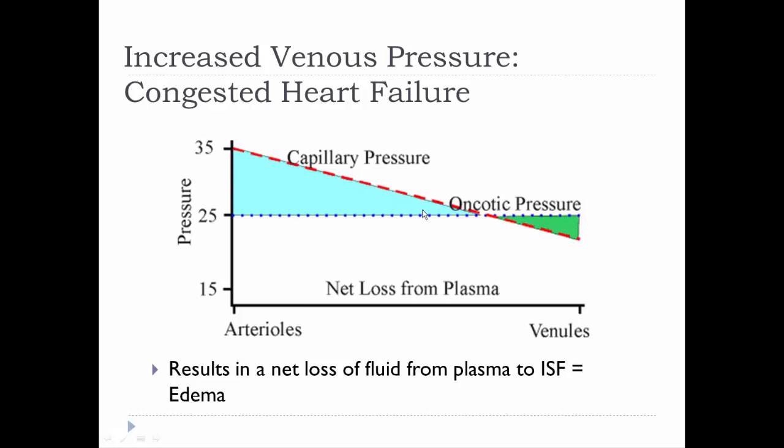So notice I have a lot more filtration than I do reabsorption. Since I have a lot more filtration, I end up having more fluid leaving the blood than reabsorbed back into the blood, and therefore again I get edema. So one of the more common symptoms of congestive heart failure is pulmonary edema, accumulation of fluids in the lungs.